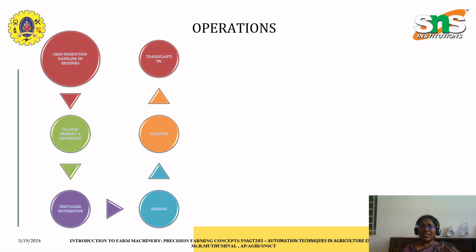And the next step is transplanting. So in the sense of if the space available is in a very congested manner, or the growth of the plant gets affected due to the insufficient space, then we are in need of transplanting them.